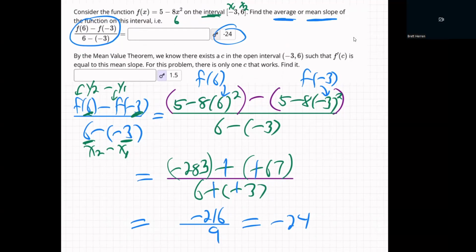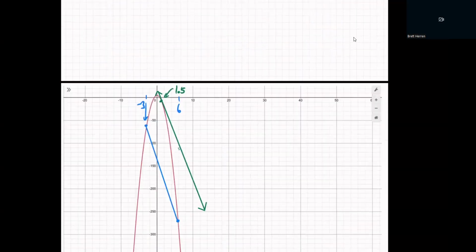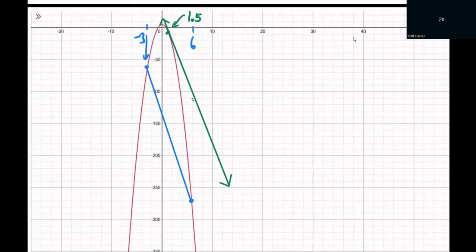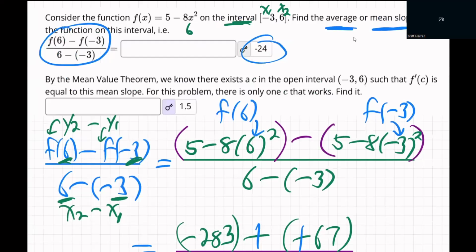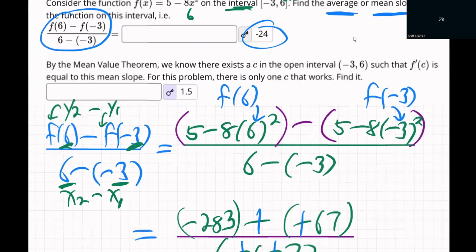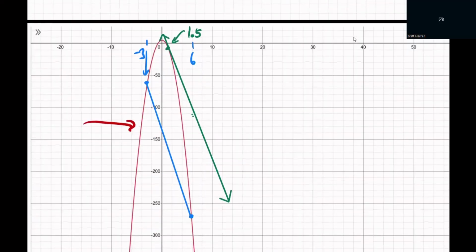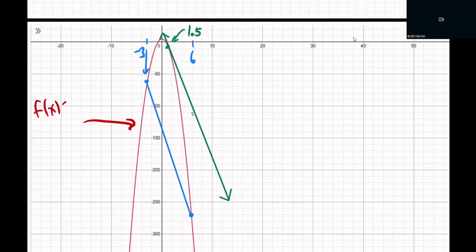Okay, let me show you a picture. Graphically, that's the blue line. This is the function that they wanted us to graph: f of x equals 5 minus 8x squared. It's an upside down parabola.